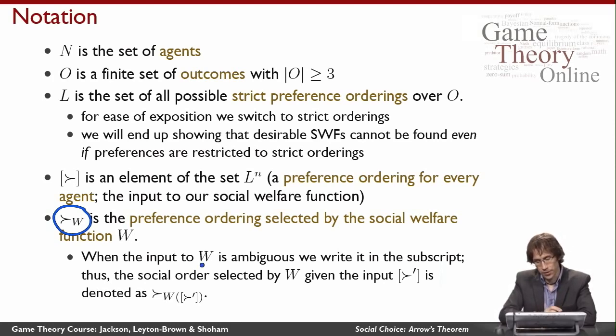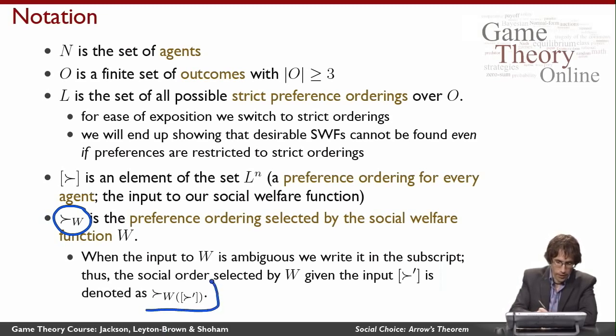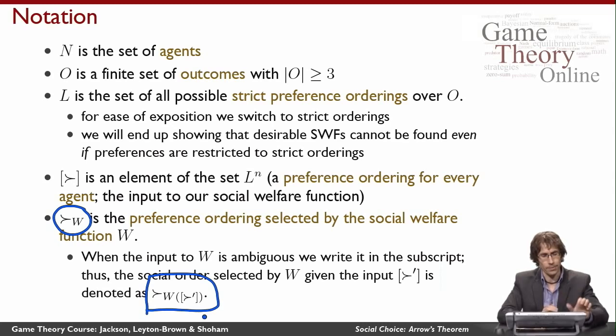Now, when the input to W is ambiguous, I might actually have even more complicated notation here saying precisely which ordering it is. So in particular, this notation here is going to mean the preference ordering output by W when given the preference profile here as input. And I'm going to care about this in particular when I change around which preference ordering it is that I talk about.